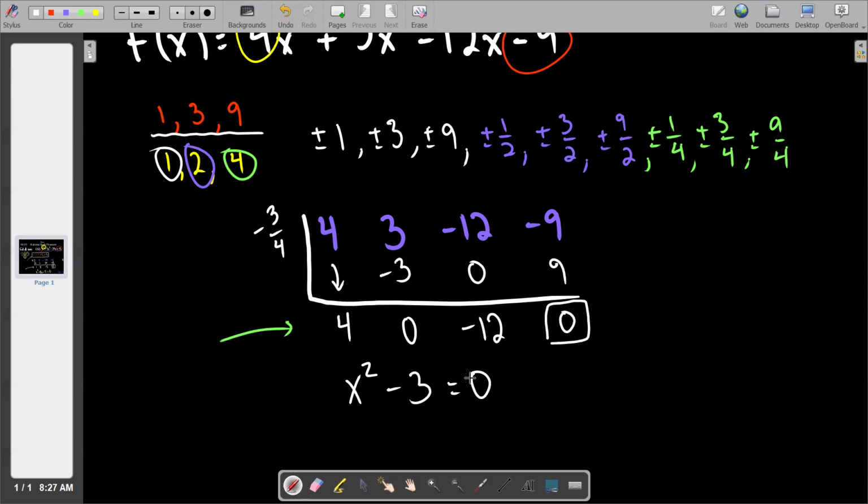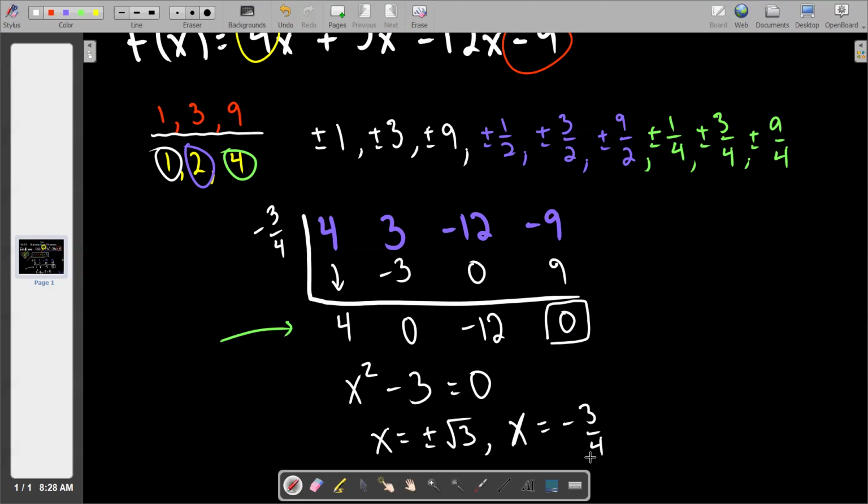We're going to add 3, take the square root of both sides, and we get x equals positive or negative root 3. And that's that. So as far as making a formal list of the zeros, I would say x equals positive negative root 3, comma, x equals negative 3/4. And that, guys and gals, is how you use the rational root theorem.